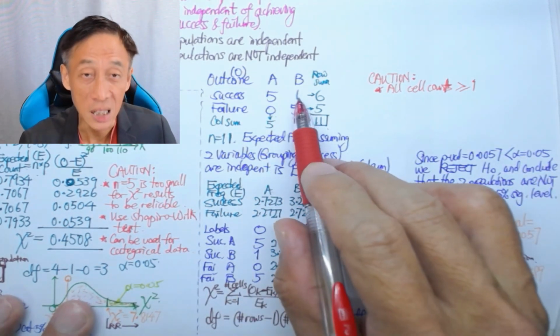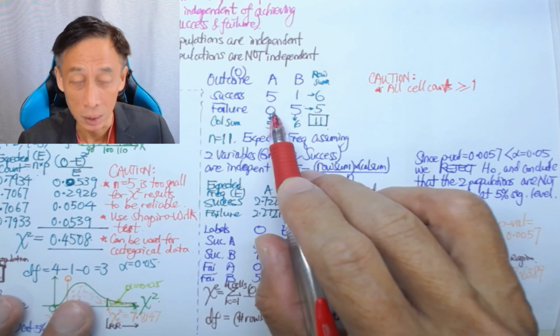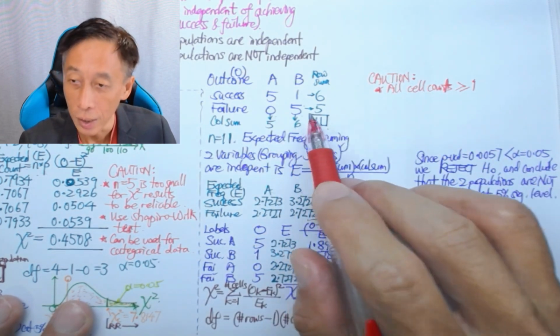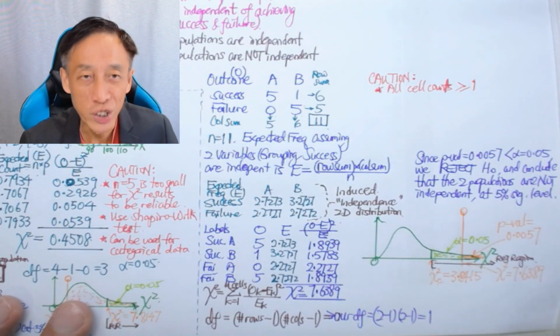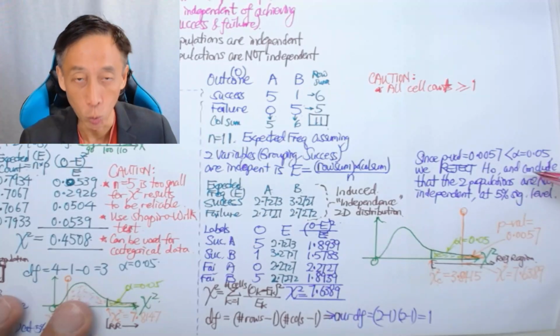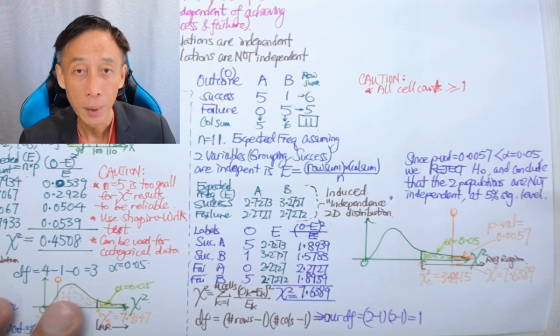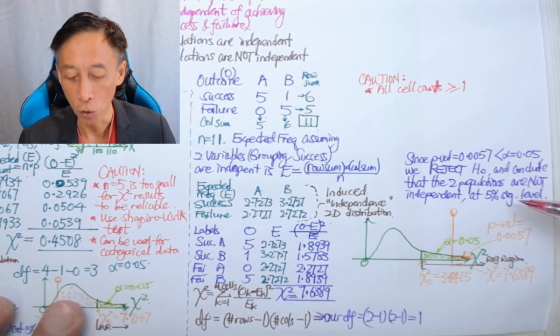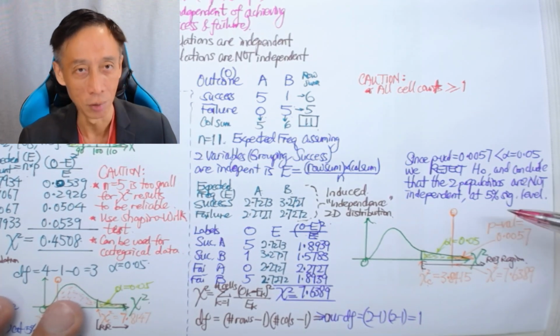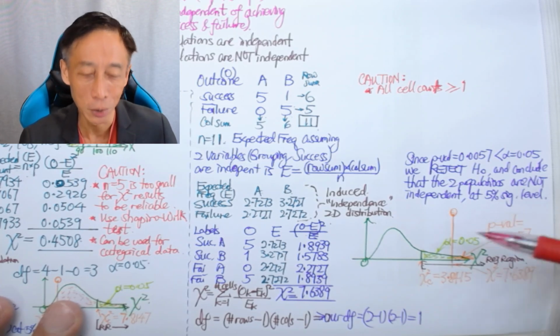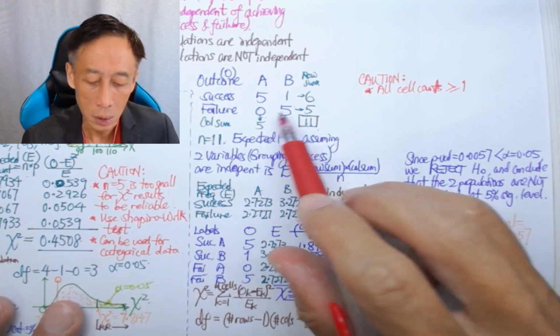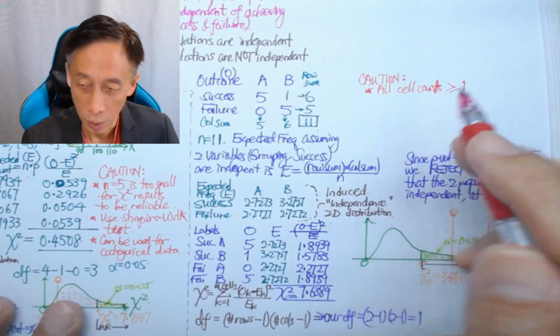This is already a near problem. But 0 is a big violation that would reduce the integrity of your conclusion. If your conclusion is that they are not independent, it may not be correct. If your conclusion is yes, they are independent, don't trust it. So why do you conclude? So this is already weakening the conclusion.